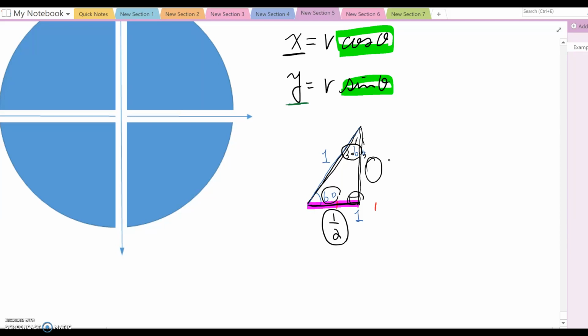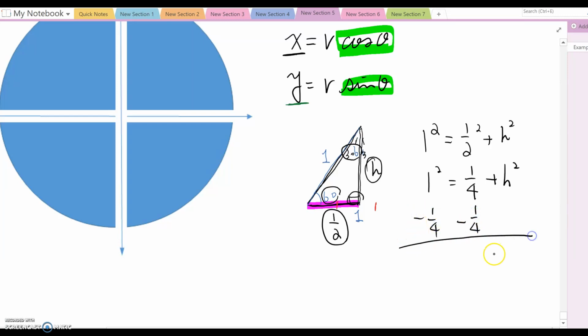Simply we can use the Pythagorean theorem here. So 1 squared equals 1/2 squared plus h squared. Then 1 squared equals 1/4 plus h squared. We're going to find out what h is. So subtract 1/4. Then h squared equals 1 minus 1/4.